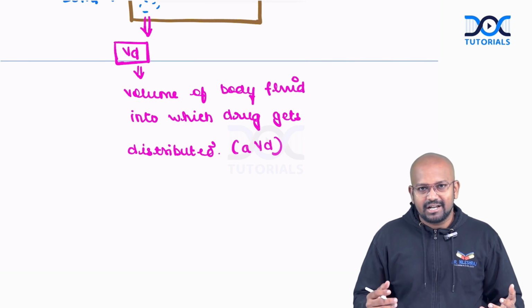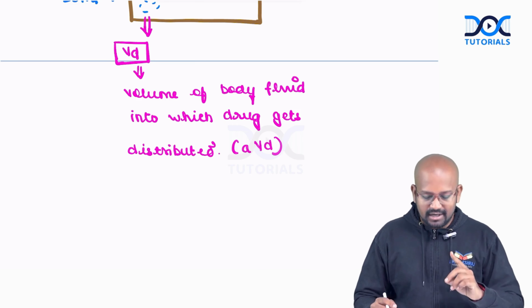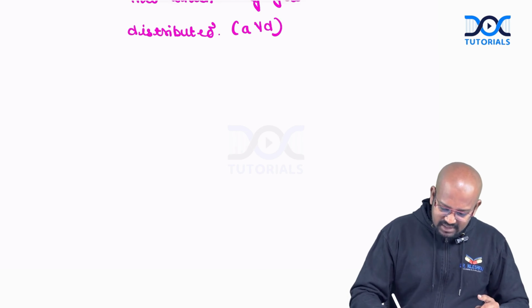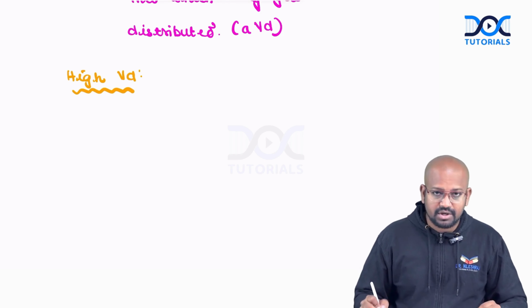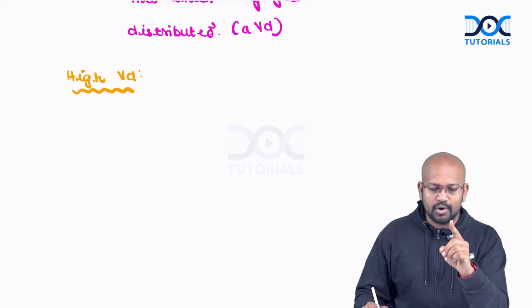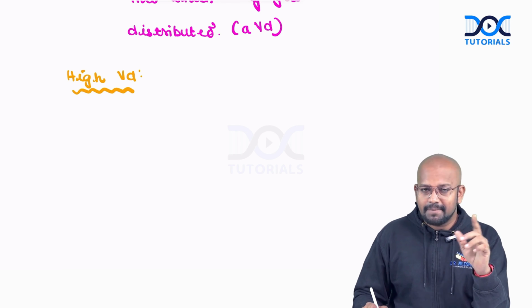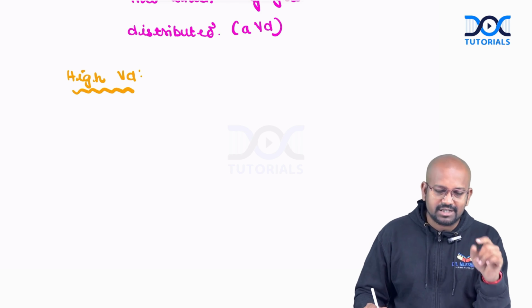What exactly is the clinical importance of knowing whether a drug has a high Vd or low Vd? Understand this. If a drug has a high volume of distribution, it means more of the drug is getting distributed. I hope you're all there with me. High plasma protein binding means more of the drug will be situated inside the plasma.